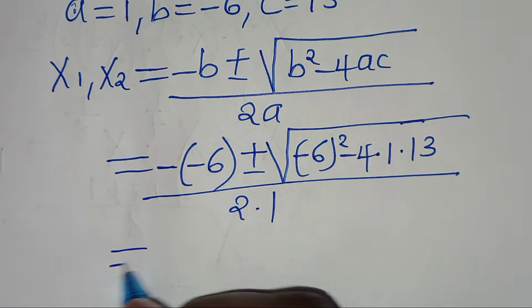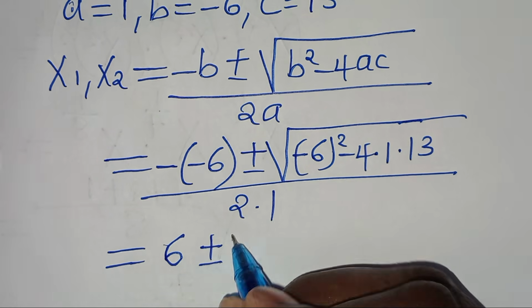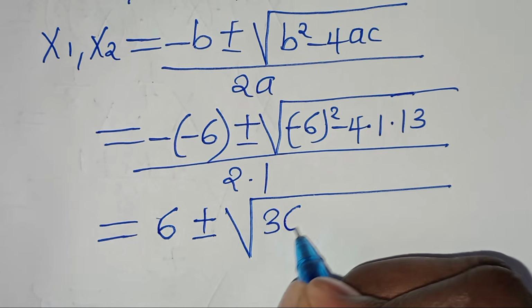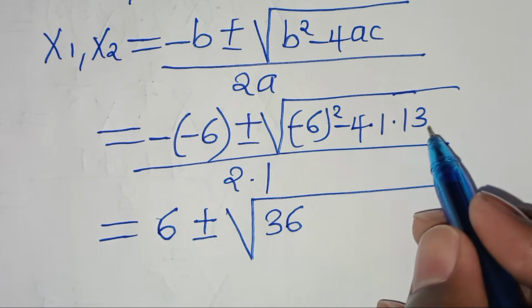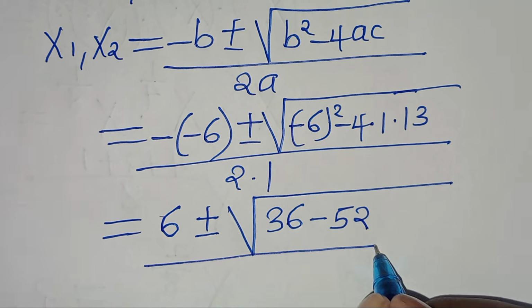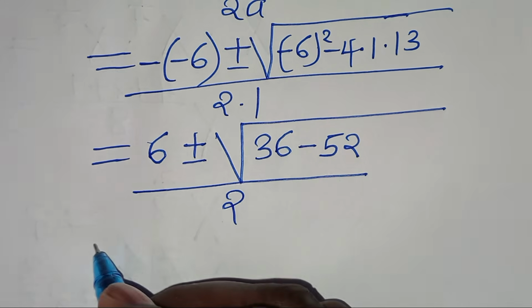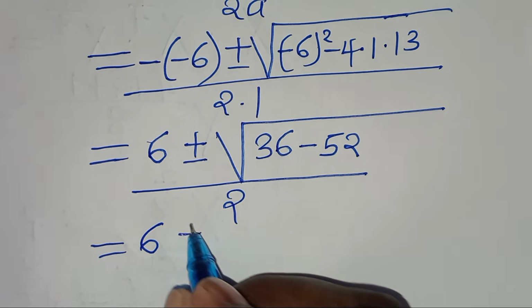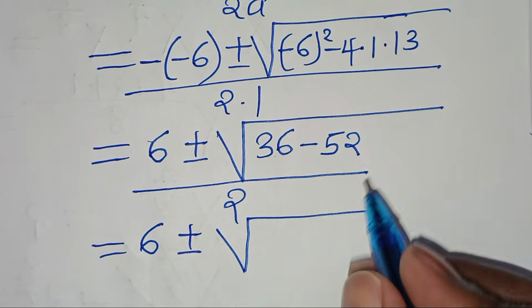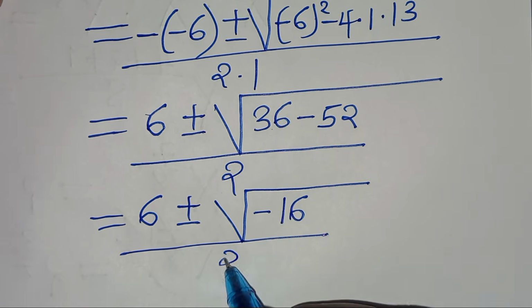This is equal to 6 plus or minus the square root of 36 minus 4 times 13, which is 52, everything divided by 2. So we have 6 plus or minus the square root of 36 minus 52, which is minus 16, divided by 2.